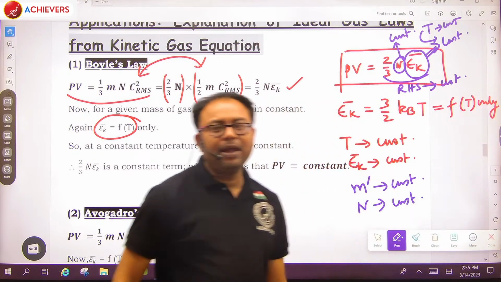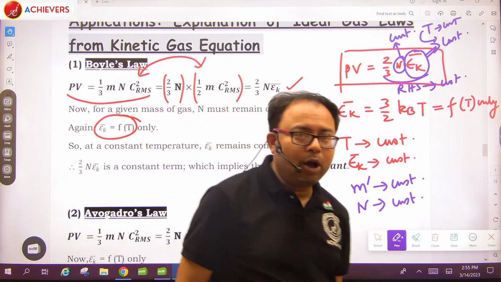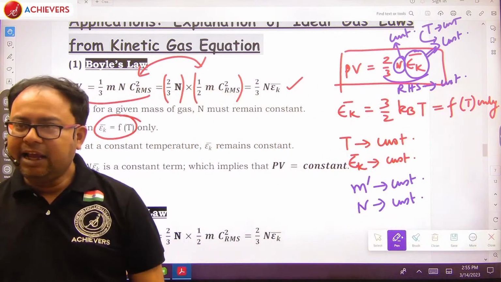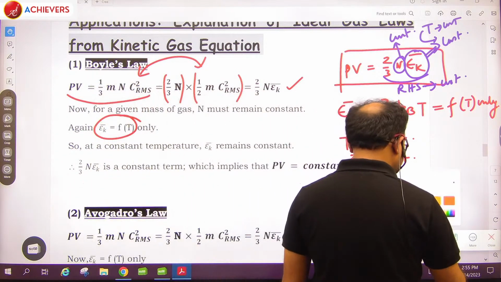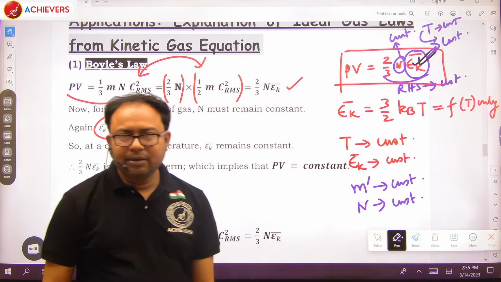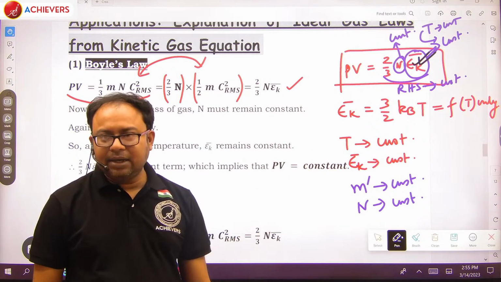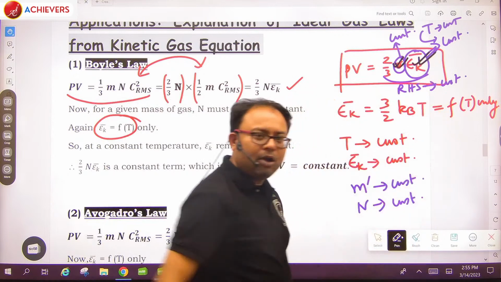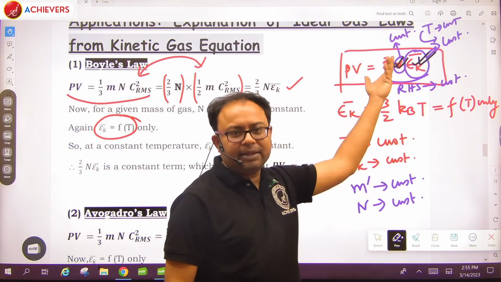So what happens? You are going into the conditions of Boyle's law. In Boyle's law, you have taken an ideal gas. You have kept temperature constant. Keeping temperature constant means epsilon k bar is held constant. Then you are keeping mass constant, which means you are keeping the total number of molecules constant. 2/3 is already a constant.